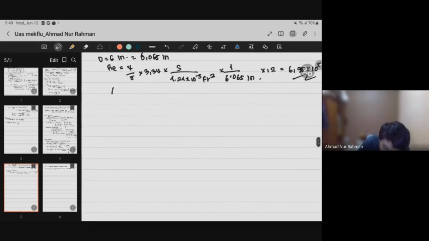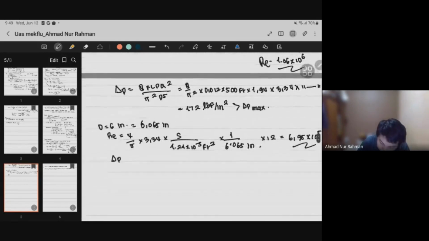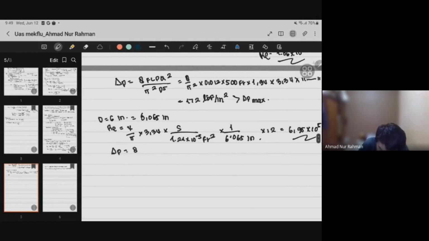We use delta p to solve it again using the same equation, and I'm going to skip the result.